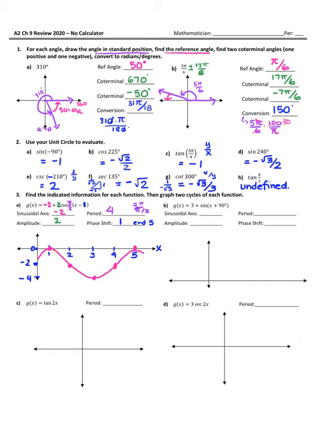Now let's look over here at our sine graph. Sinusoidal axis here is 3, and the amplitude, there's a 1 right here. If you don't see anything, it's a 1. Notice you have a 1 right here for the period, so that means it's just going to be 2 pi. Divided by 1 is 2 pi. And where are we starting?